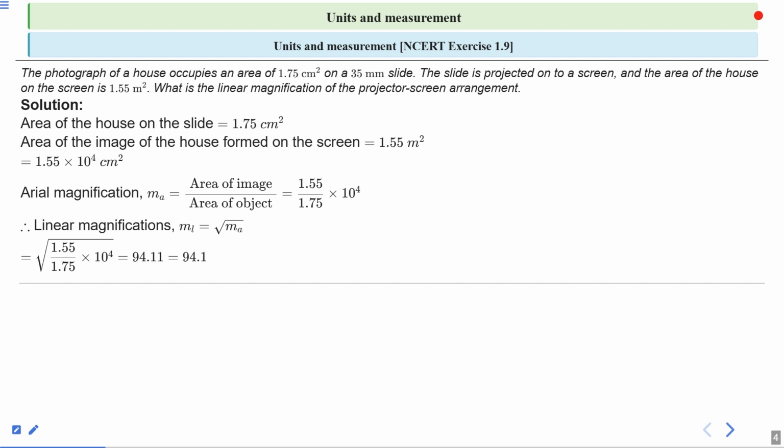The answer should have the least number of significant figures that the numerator or denominator have. Here both are 3, so the answer should be 94.1. We need to round off 94.11, which has 4 significant figures, to 3, so that's why the answer is 94.1. Is it clear, everyone?